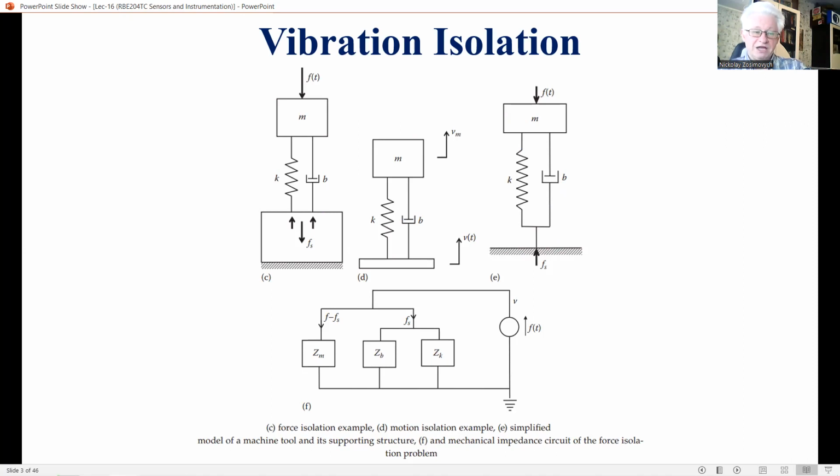Clearly, the elements M, B, and K are in parallel. Check yourself and tell me if you agree or not. Right, since they have a common velocity v across them. Hence, its mechanical impedance circuit is shown in figure F on the bottom part of this slide.